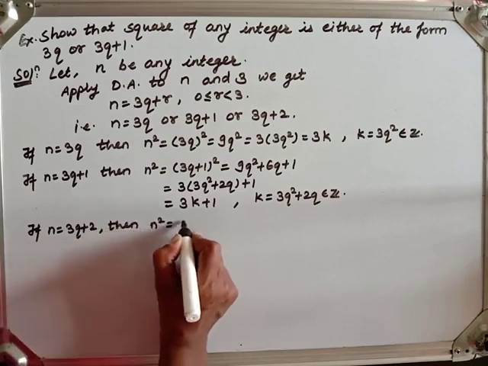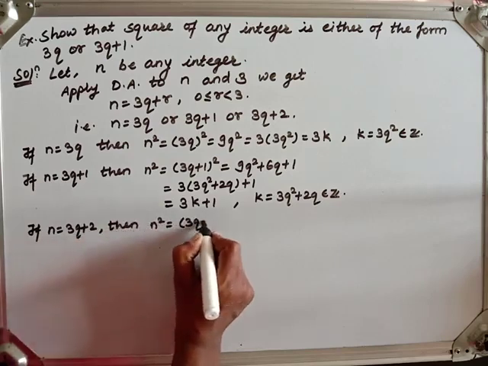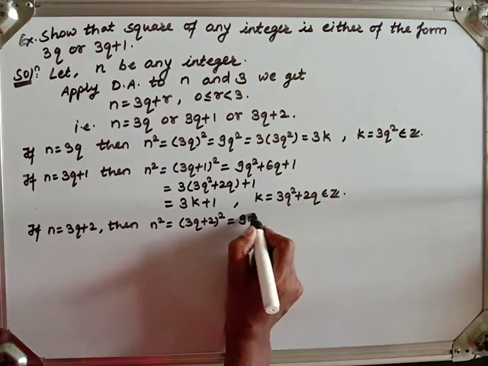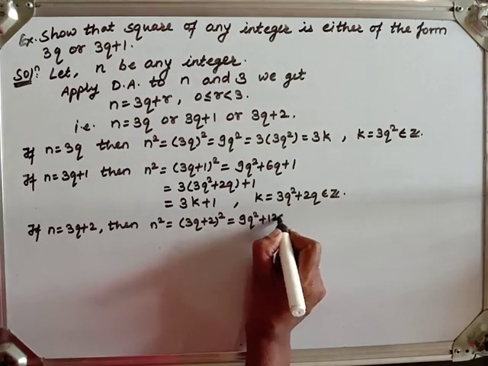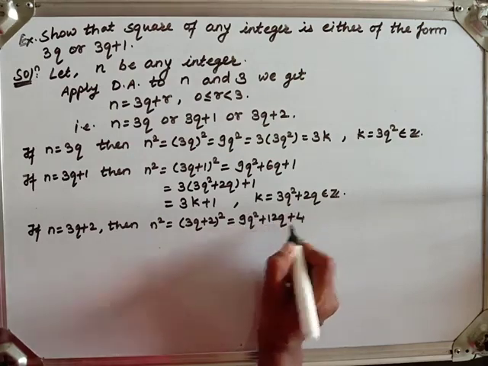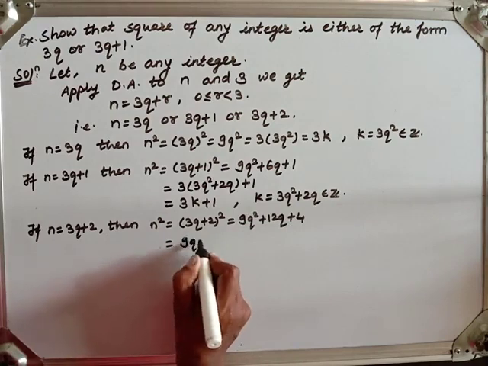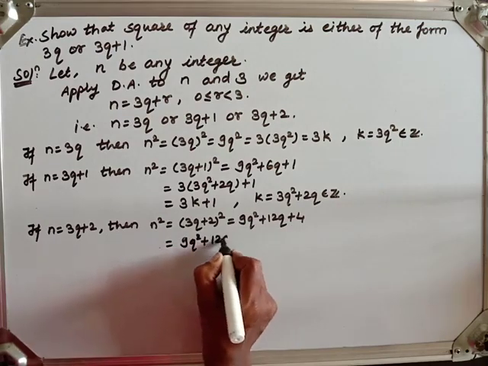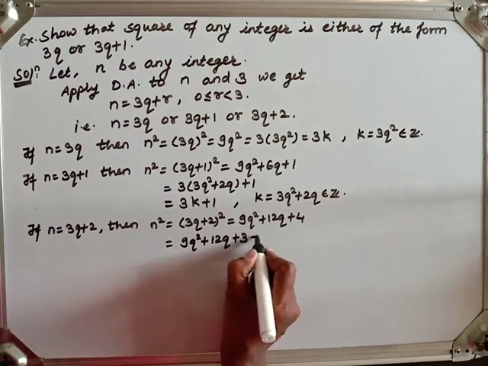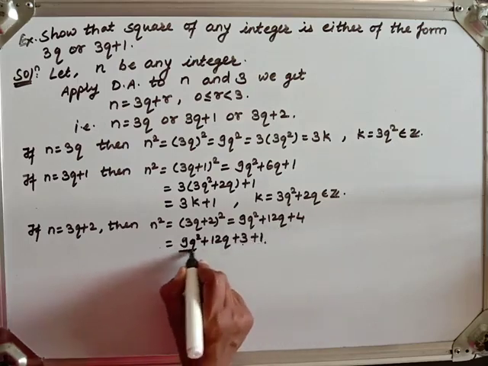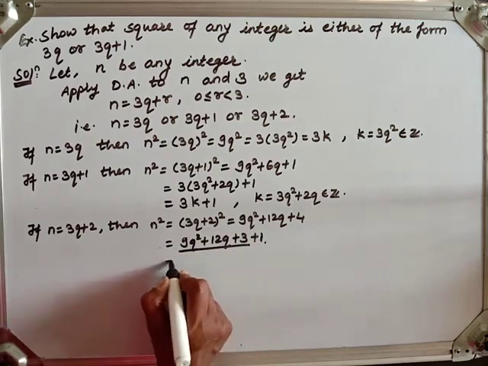Now again, if n is equal to 3q plus 2, then n square is equal to (3q plus 2) square, which is equal to 9q square plus 12q plus 4. Now this can be written as 9q square plus 12q plus 3 plus 1, as 4 is written as 3 plus 1. Now from these three terms we can take 3 common.